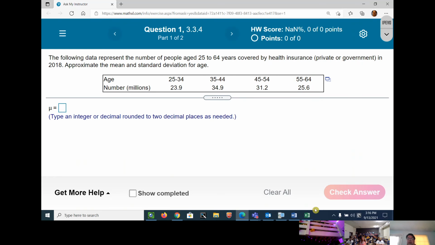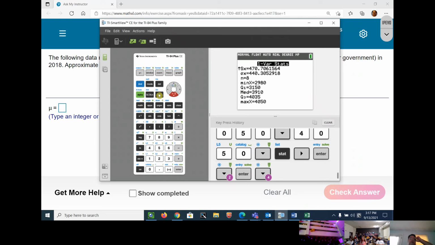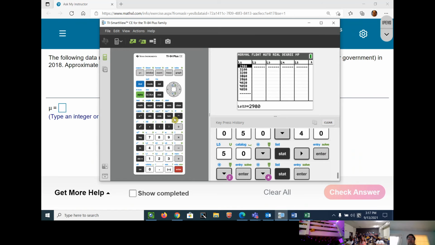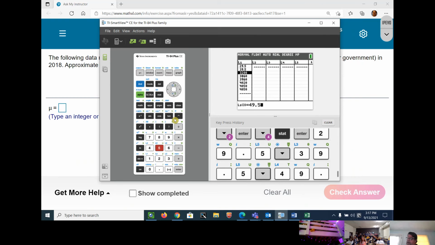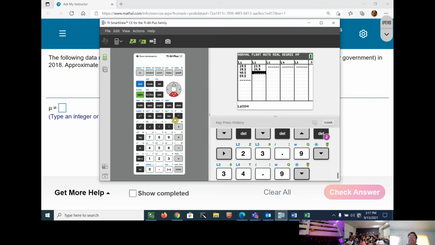All right, y'all watch what I do here. I'm giving y'all a shortcut. Go to your calculator, stat, edit, and type in 29.5, 39.5, 49.5, 59.5. Delete, delete, delete, delete. And type in 23.9, 34.9, 31.2, and 25.6.